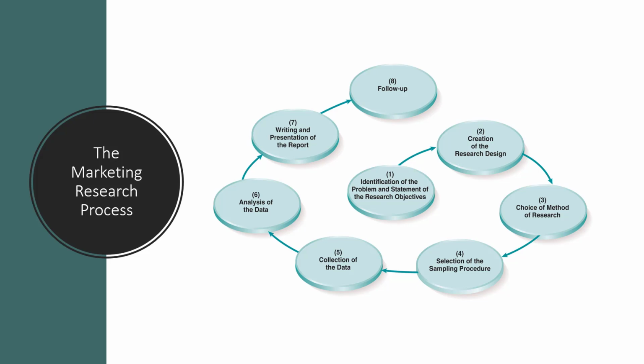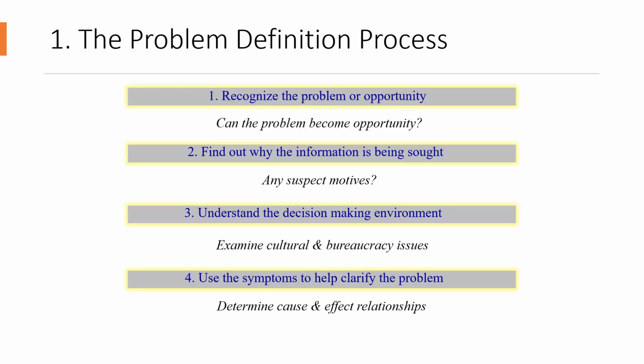After that, we'll have analysis of data, and then we do a report in writing, and in most cases we also need to present to our client or sometimes to our management. And after the research project is done, we need to have some follow-up to pave the ground for the next stage of research.